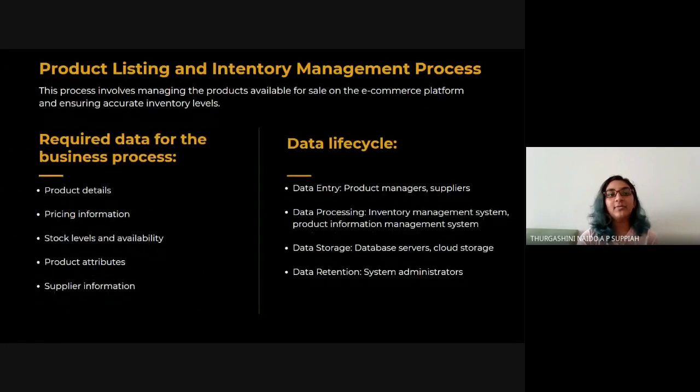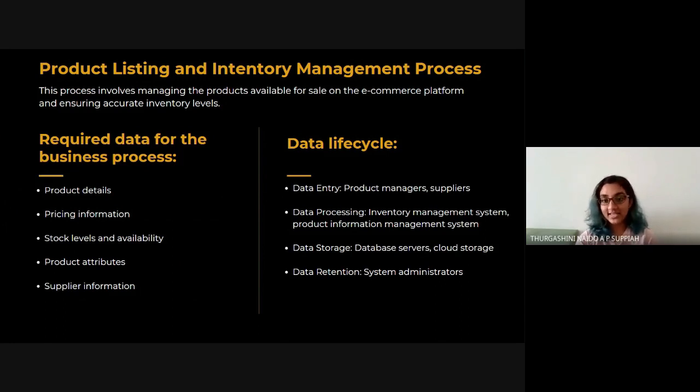The first one is product listing and inventory management processes. This involves making products available for sale on the e-commerce platform and ensuring accurate inventory levels. The data required are product details, pricing information, stock levels and availability, product attributes, and supplier information.